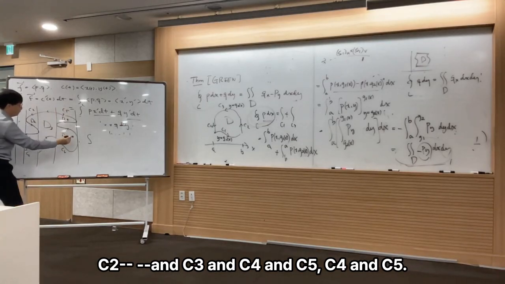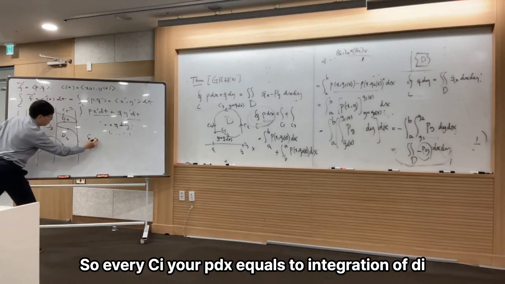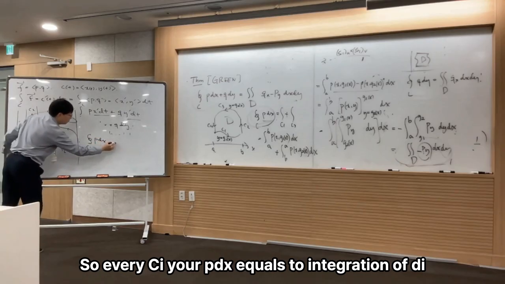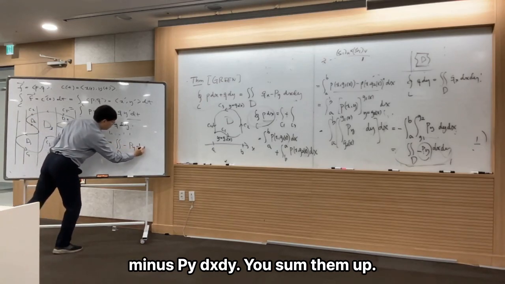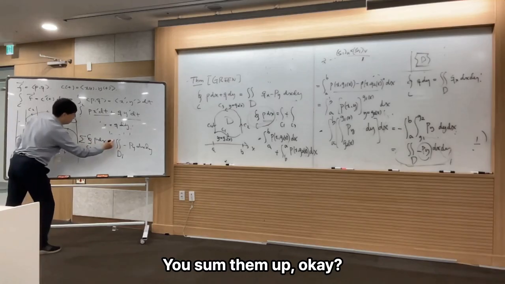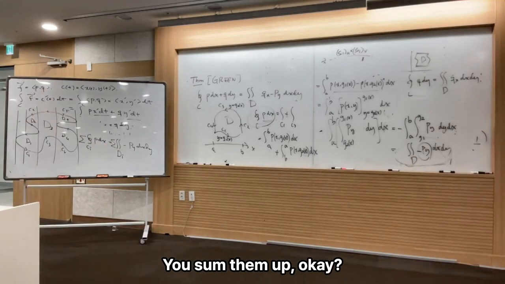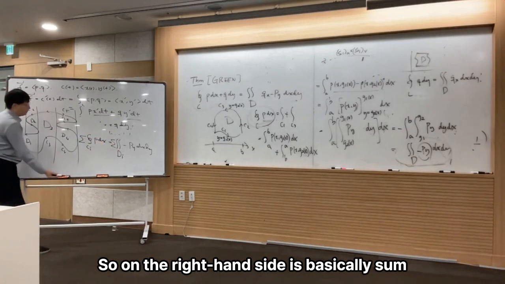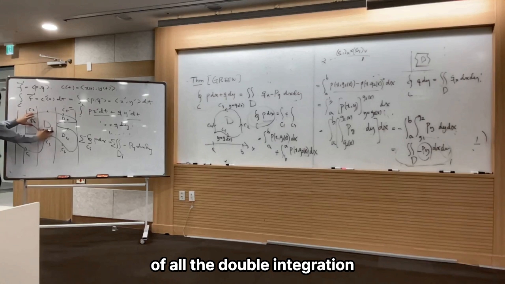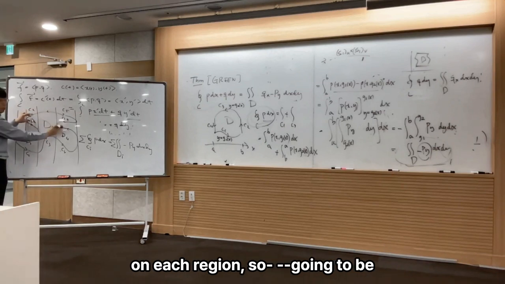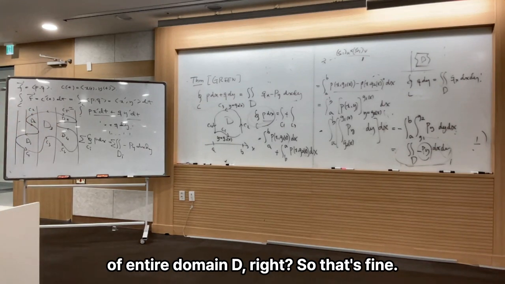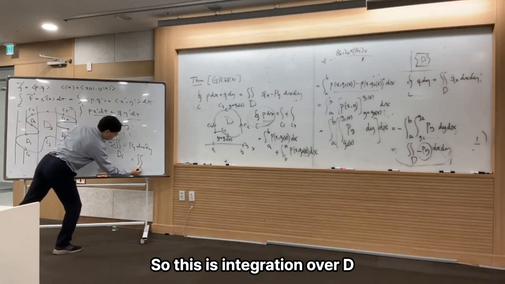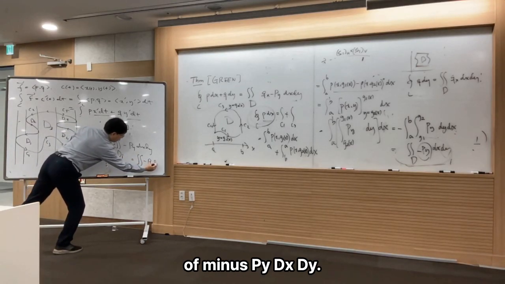For every Ci, the integral of P dx equals the integration over Di of minus p_y dx dy. You sum them up. On the right-hand side, it's basically the sum of all the double integrals on each region, so it's going to be the double integral over the entire domain D. So this is the integration over D of minus p_y dx dy.